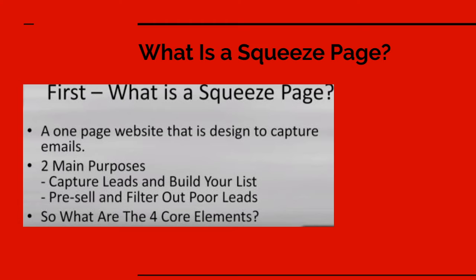Now here's the thing that's really important: it should pre-sell and filter out poor leads. This is a very, very important element. The reason it's important is because pre-selling means telling people what they're going to get and why it's valuable.